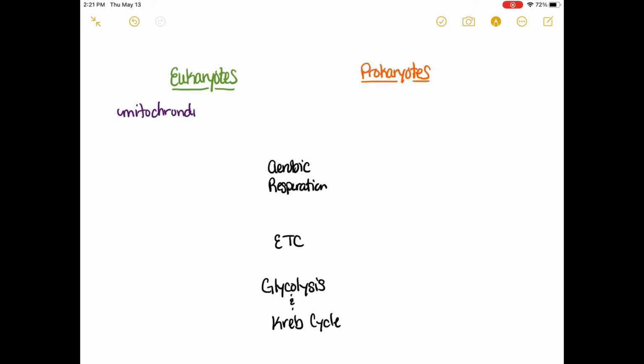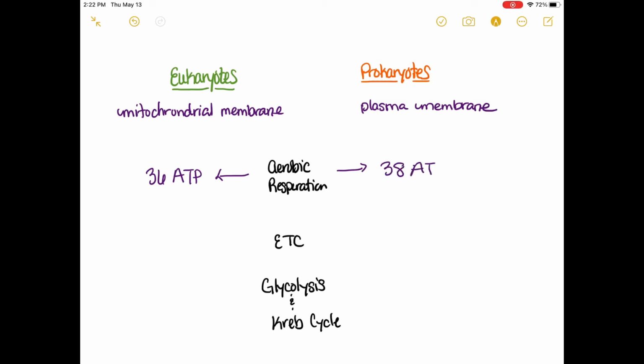Chemiosmosis occurs at the mitochondrial membrane of eukaryotes and the plasma membrane of prokaryotes. Now, during aerobic respiration for eukaryotes, they produce 36 ATP, and prokaryotes produce 38 ATP.